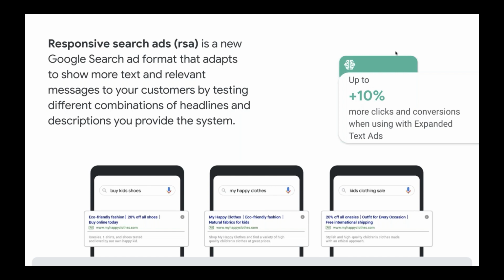So responsive search ads are just another format of ETA, but what they do is dynamically help you combine the headlines and description lines which really matter to the user. If we see that a particular user might prefer a specific headline and a specific combination of those description lines, we will serve that ad to the user, making sure your ad is really relevant.